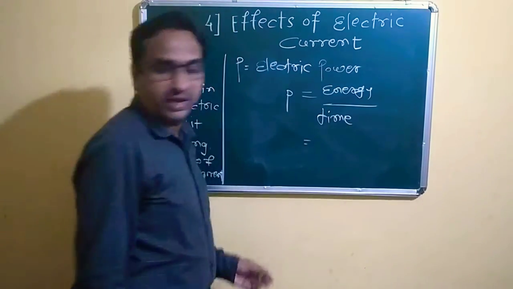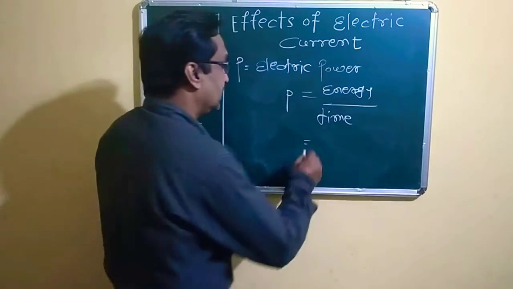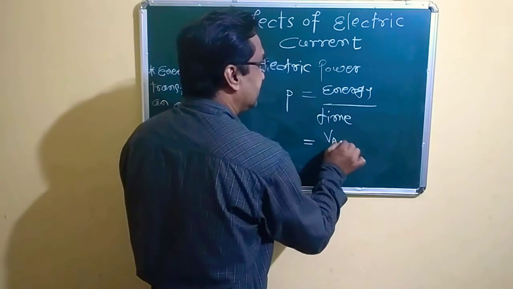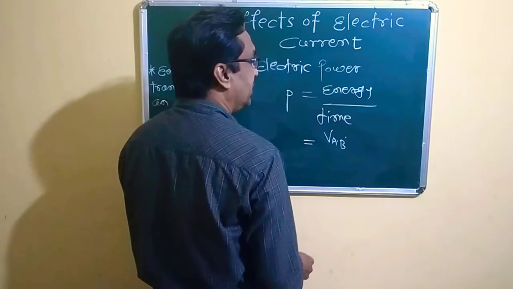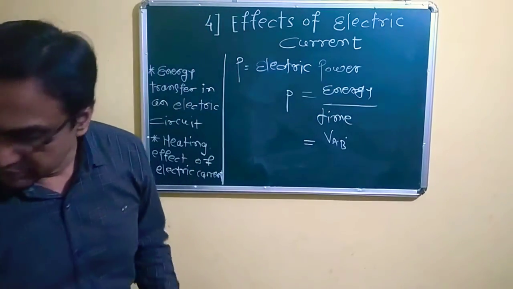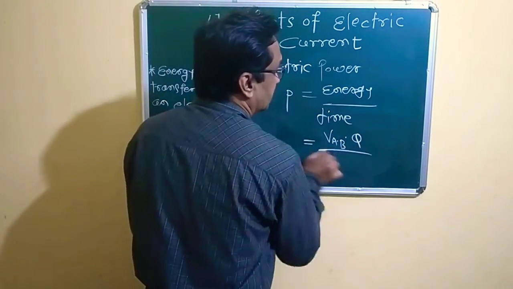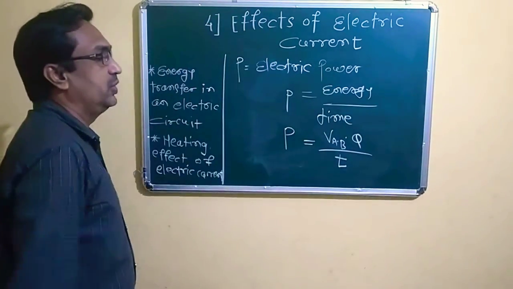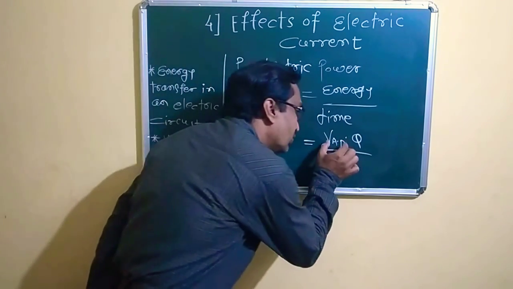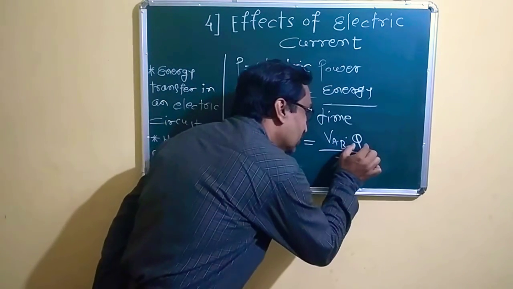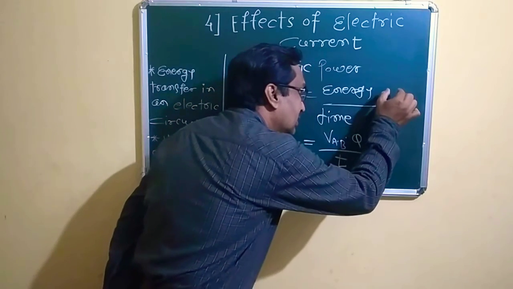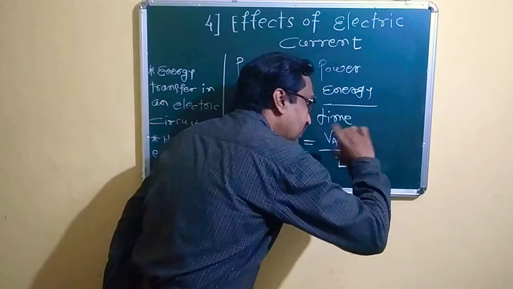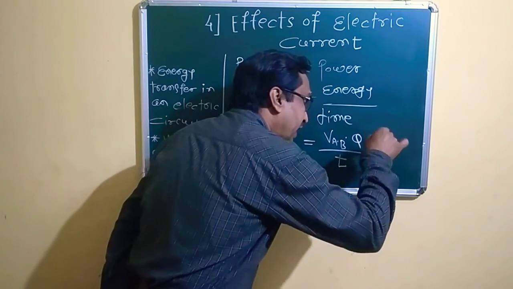So how much energy is there? That energy is the work done, VAB into Q, upon T. So P is equal to VAB into Q upon T. Q is the amount of charge transferred from point A to B, and the cell provides energy to carry out this work.